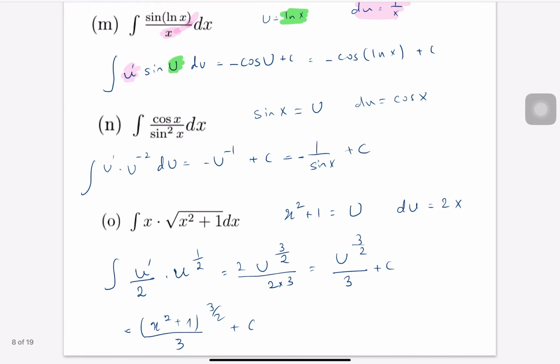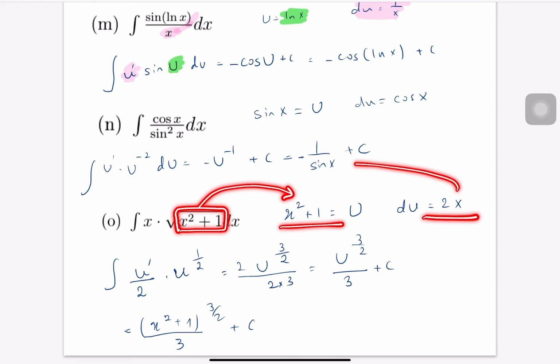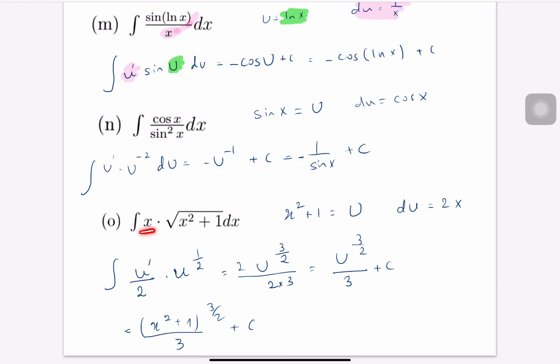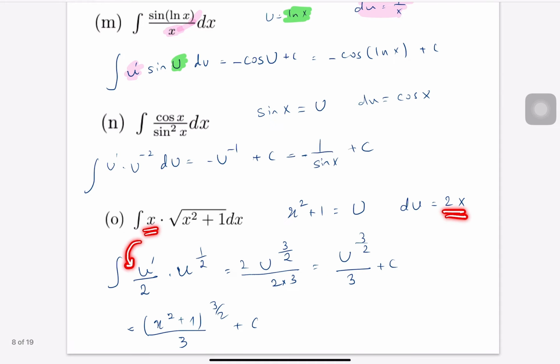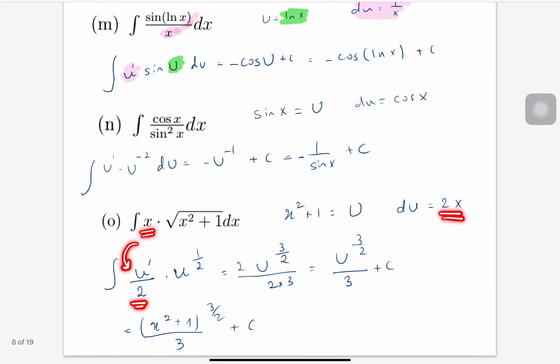And the integral of x multiply radical x power 2 plus 1. And again, I put the expression under the radical as u, derivative will be 2x, and here I can find the relation between these two. It is the derivative per 2. I put here u prime per 2, multiply radical u, and radical u is u power half.